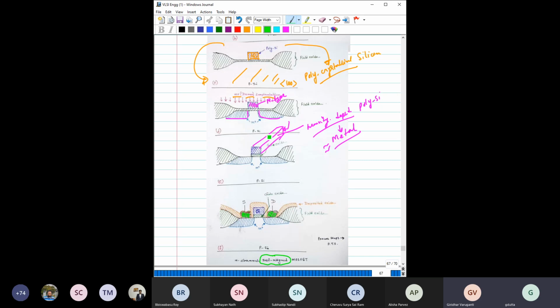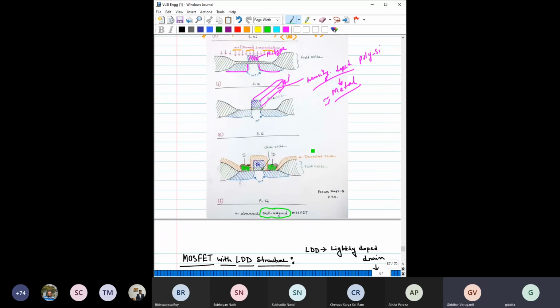But in self-align, as you are creating the gate first, it is the gate first process, and then creating this n plus region, right? That basically gives you the advantage that you are creating the self alignment of the gate with respect to source and drain, right?